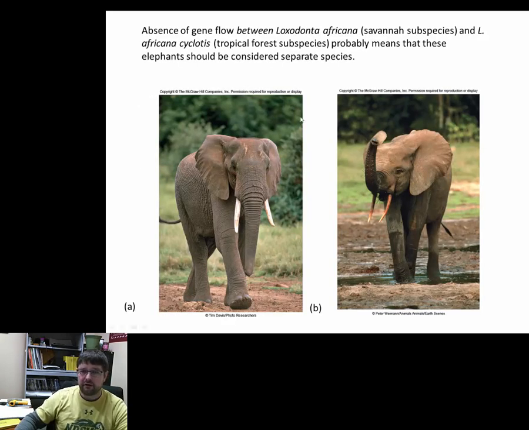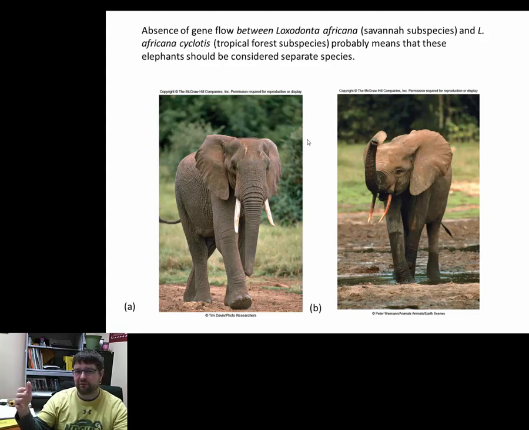Here's a good example of a lack of gene flow. Most people don't know this, and I often talk about elephants when I talk about the absence of evidence for evolution, because elephants don't reproduce very fast.